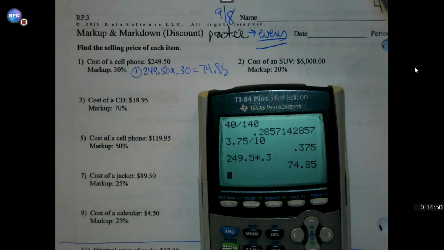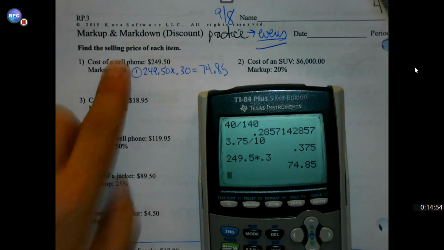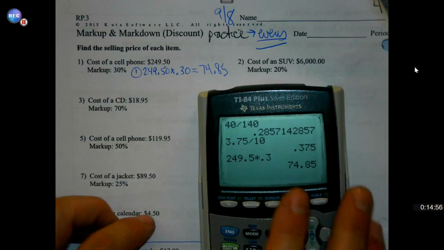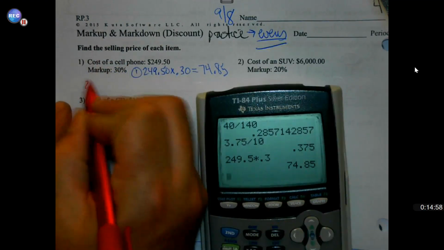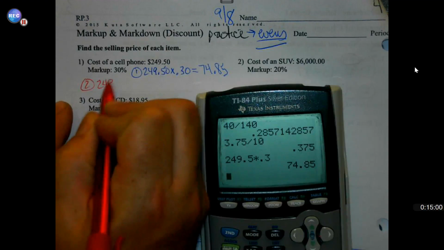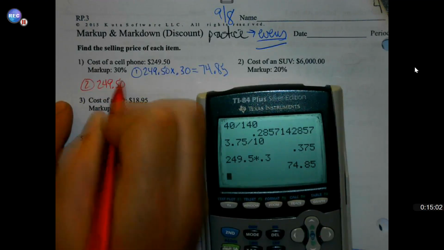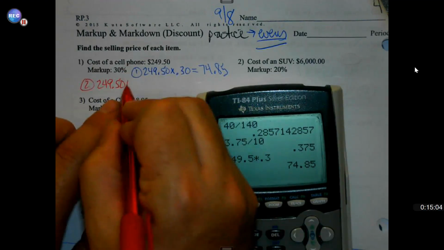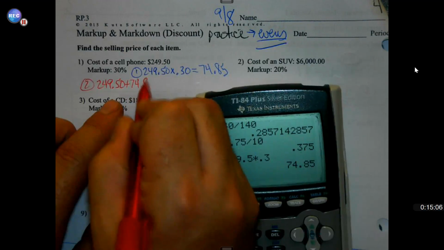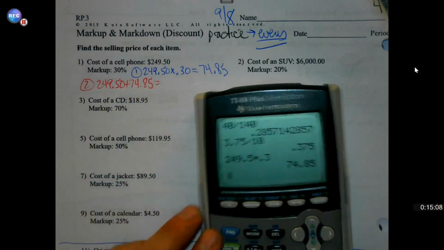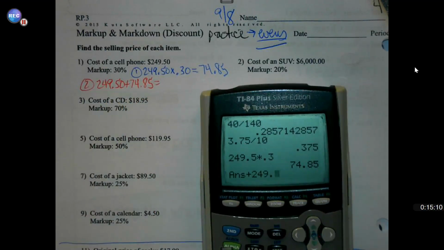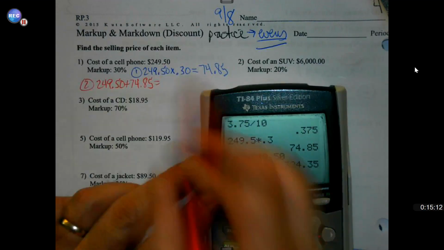So that's the markup, but that's not the question. The question is find the selling price, which means now I need to take what the business paid for it and add the markup.